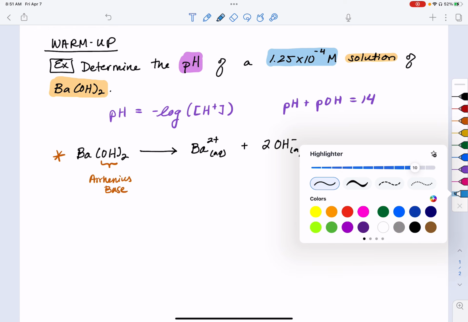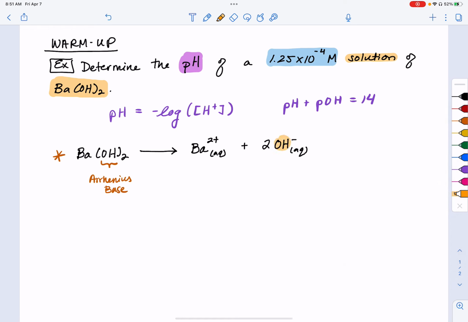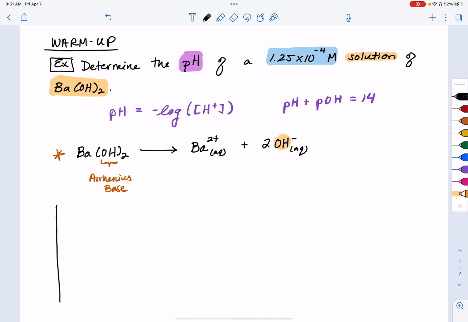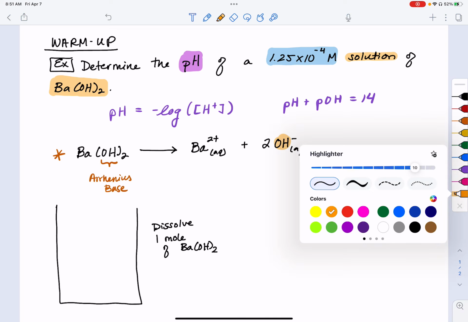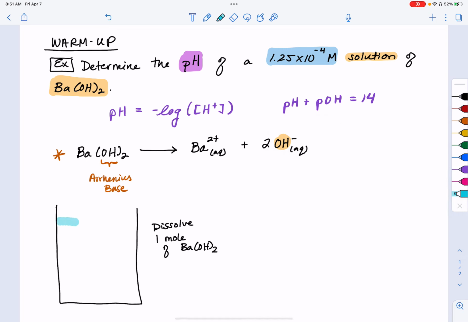So I've got base particles, so I know that in my solution, if I were to dissolve 1 mole of barium hydroxide compound, that is the solute, then I would expect for there to be two of our hydroxide or base particles generated based on the chemical formula of what barium hydroxide is, right?